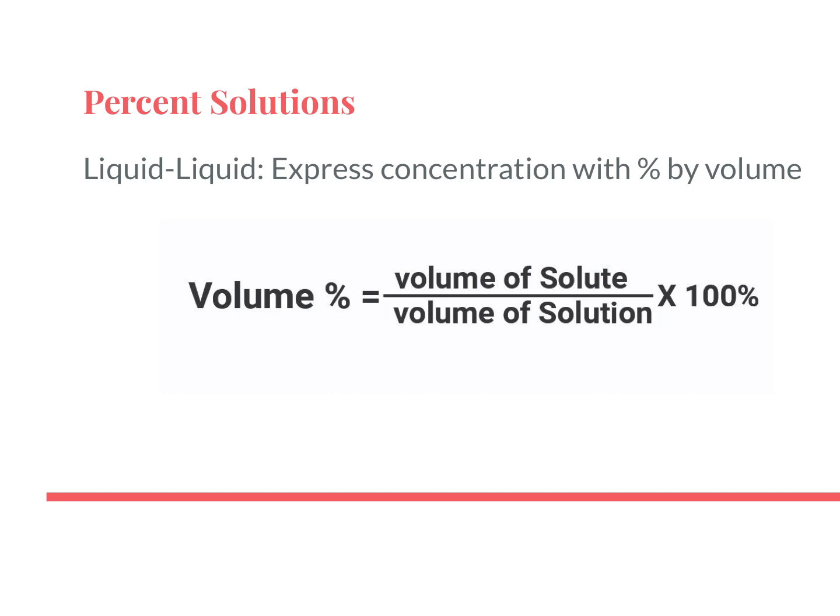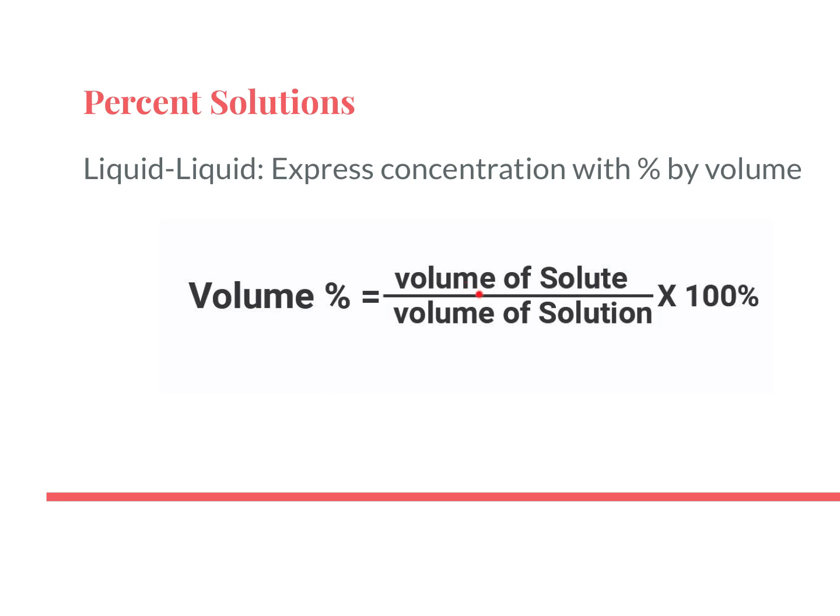So when you go grocery shopping, how do we show concentrations for people who maybe don't love moles? So one option is to express something by the volume percent. So if you have a liquid dissolved in a liquid, we do something called percent by volume. So write this equation down.